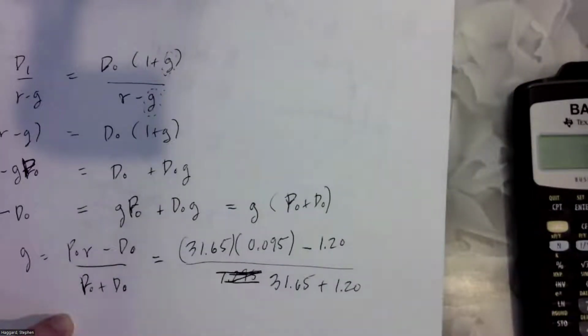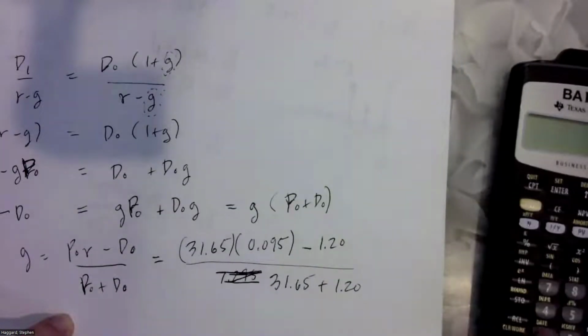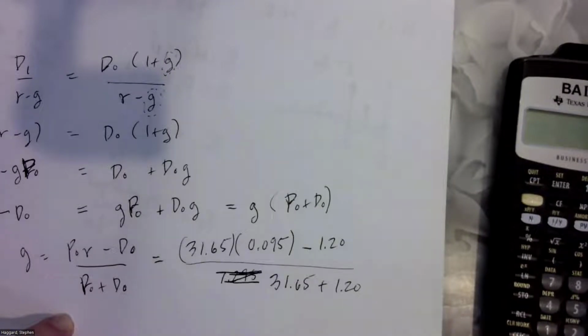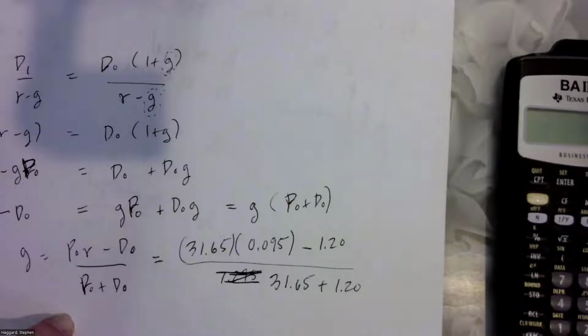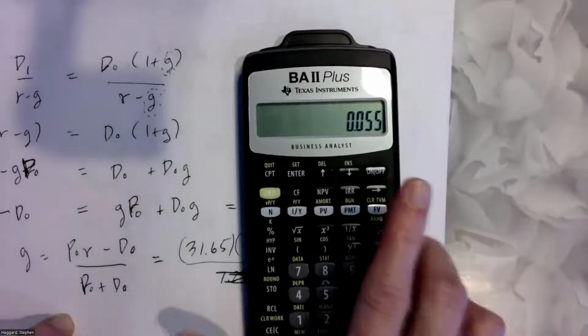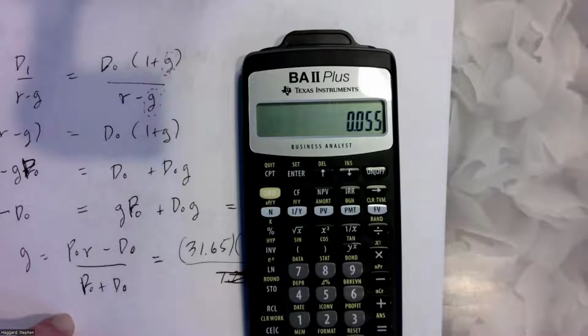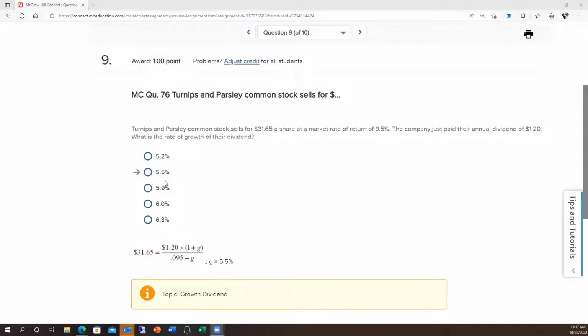Let's try this one more time. 31.65 times 0.095 equals, minus 1.2 equals, divide by 32.85 equals, and that gives us 0.055. And when I go back to share my screen with you guys again, we can see that that is the correct answer.